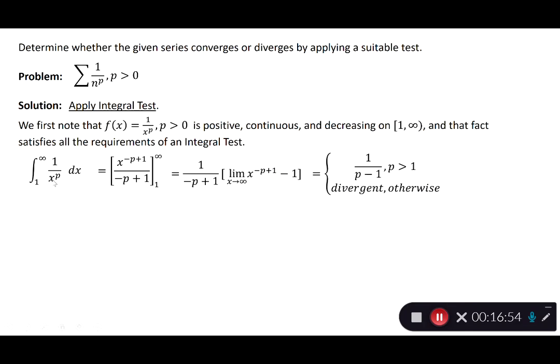So the integral of 1 over x to the p from 1 to infinity converges when p is greater than 1, which means when we go to the series, we can do the same thing. The series sigma 1 over n to the p converges whenever p is greater than 1, strictly greater than 1.